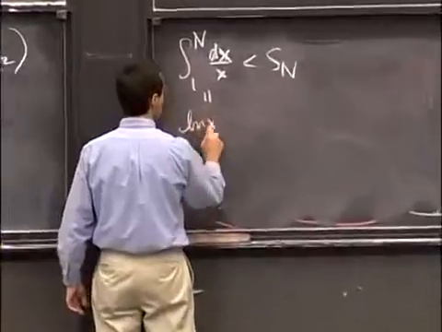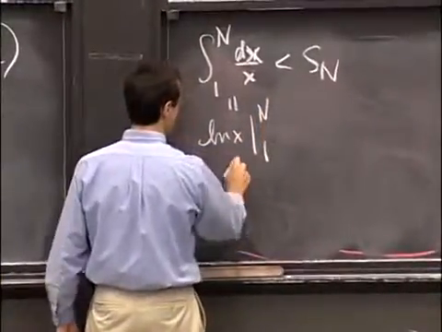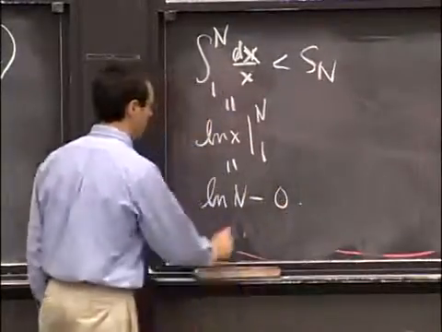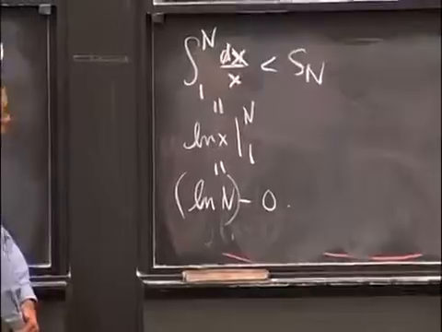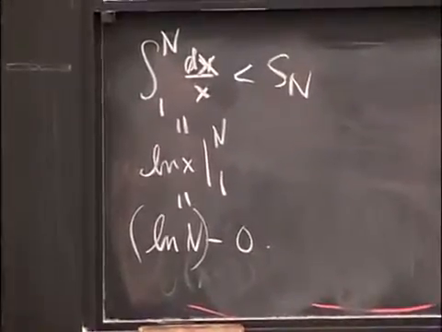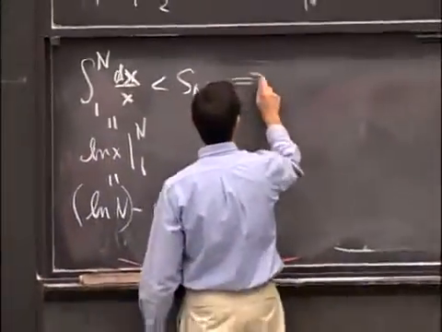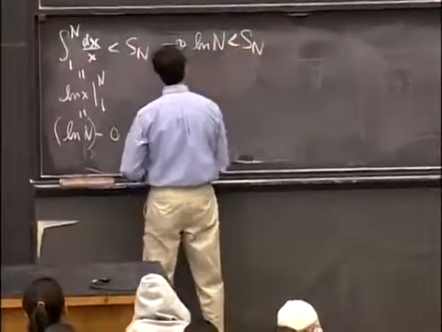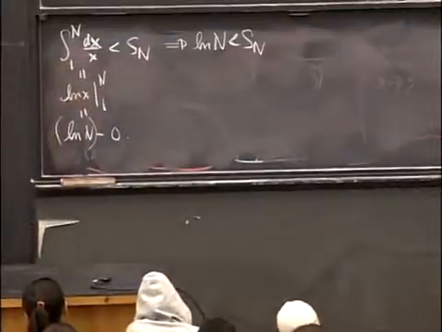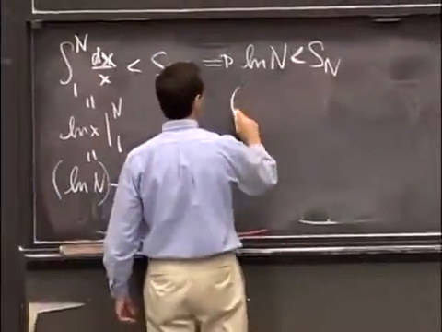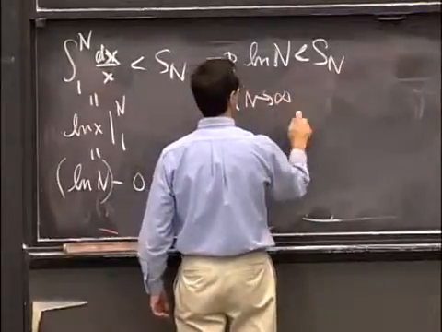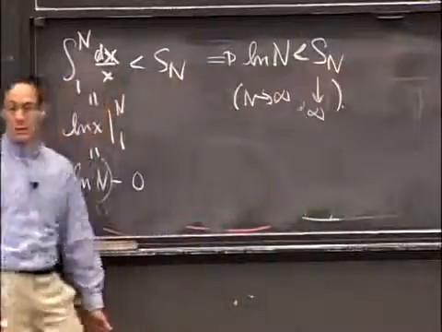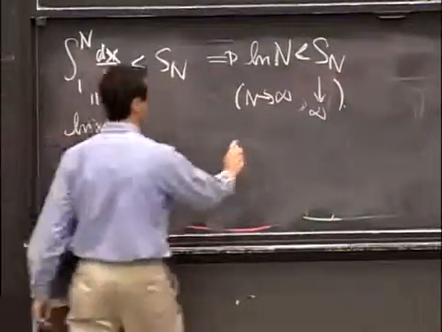This is log x evaluated at 1 and n, which is the same thing as log n minus log 1, which is 0. And so what we have here is that log n is less than Sn. All right? And clearly, as n goes to infinity, this thing goes to infinity. So we're done. We've shown divergence.